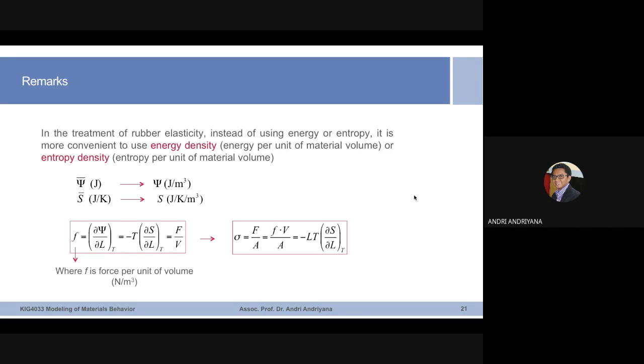materials volume. So in these situations, previously I used the notation psi bar for free energy. Now here it becomes psi only, and the unit changes to joule per meter cubed. This is entropy, joule per Kelvin. This is entropy per unit of volume. The unit will be joule per Kelvin per meter cubed.